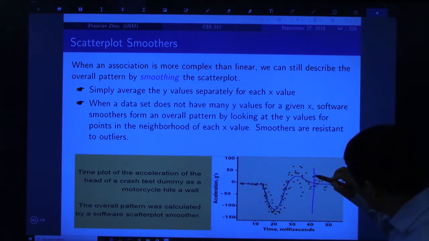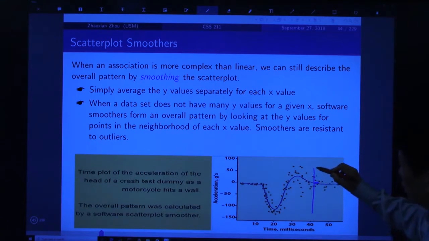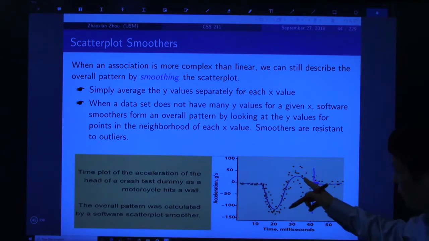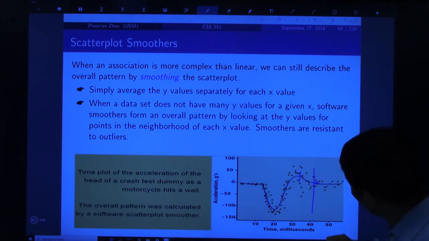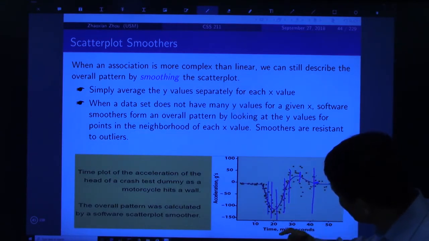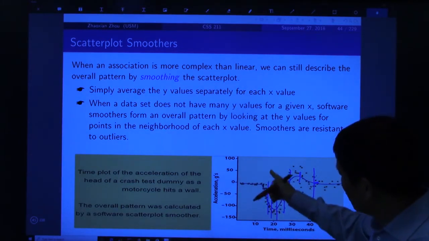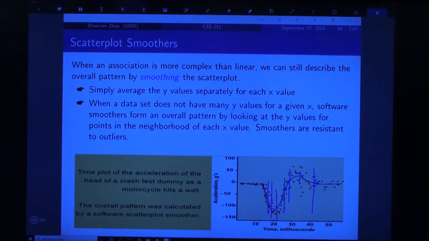We take the average of all these y values, so maybe right at this point. We take the average of these y values for the same x value as the point on the fitting line. Same thing for this one. So for each different x value, we average all the y values to plot a fitted line. So that is one way.